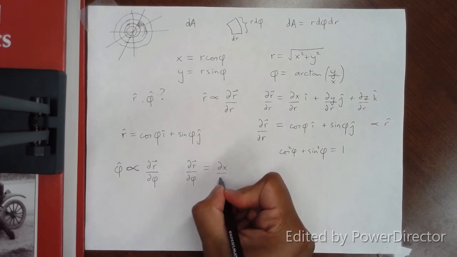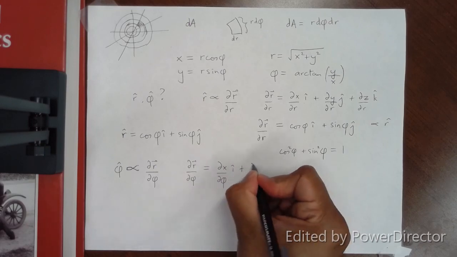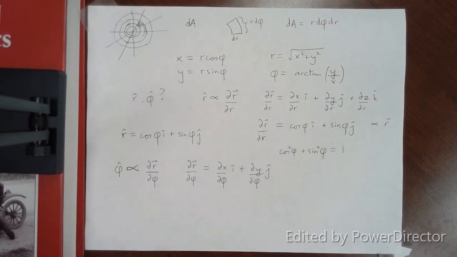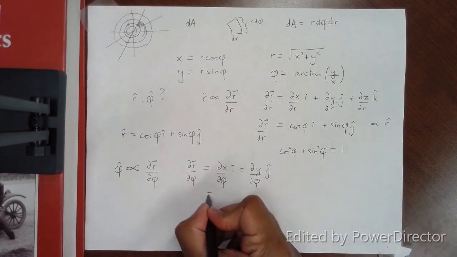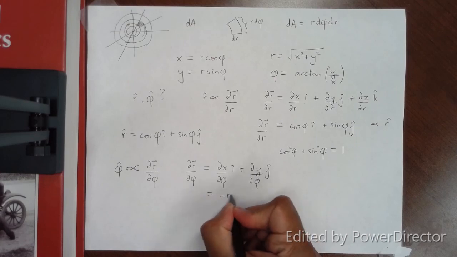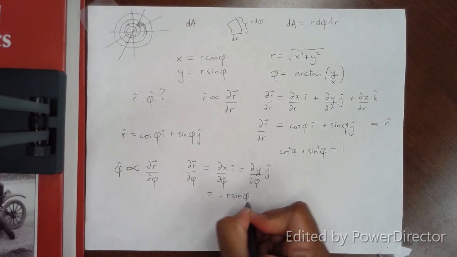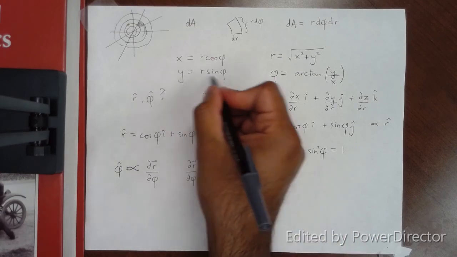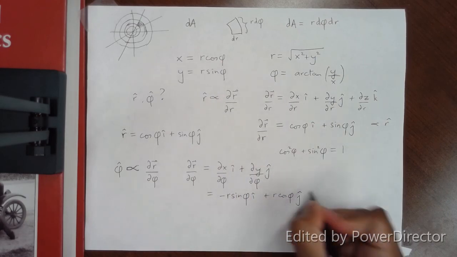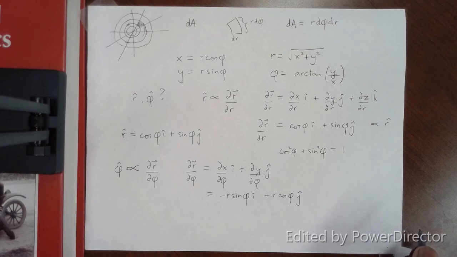Again, i hat and j hat do not depend on phi, so we have this simple expression. Partial x partial phi is going to give us minus r sine phi. Partial y partial phi will give us plus r cosine phi. Is this our vector phi hat? Not quite.